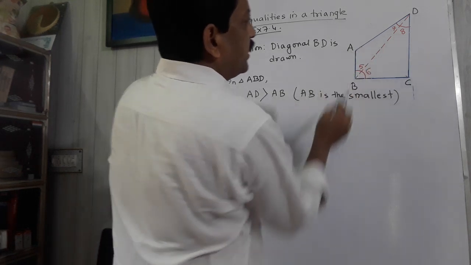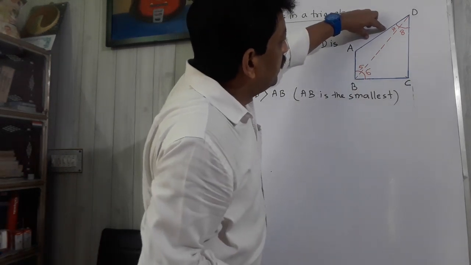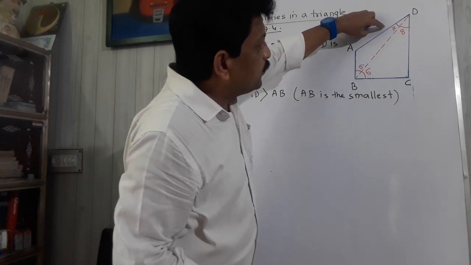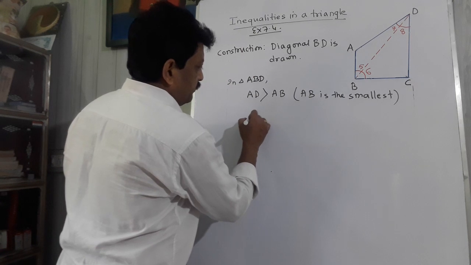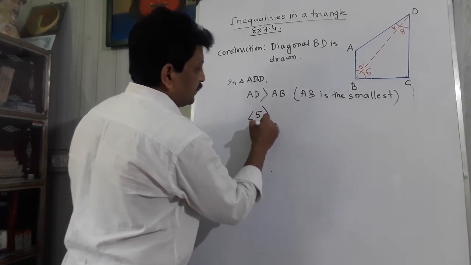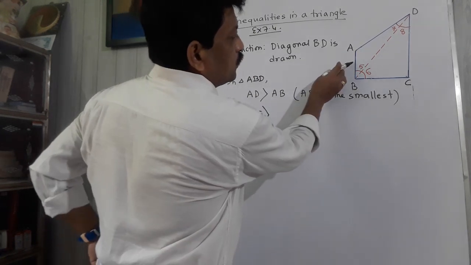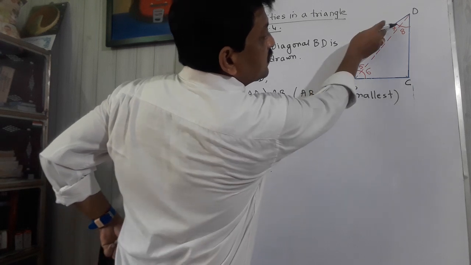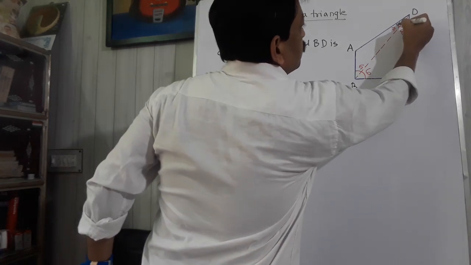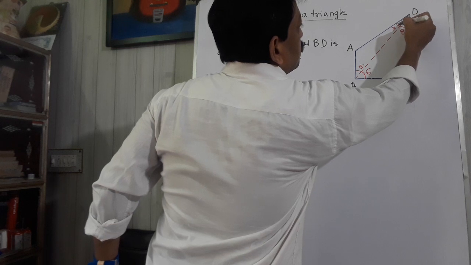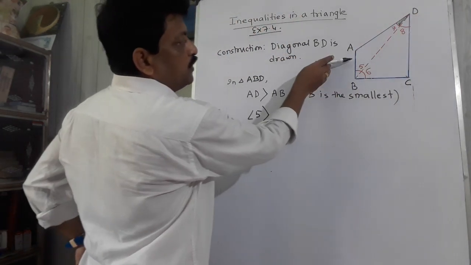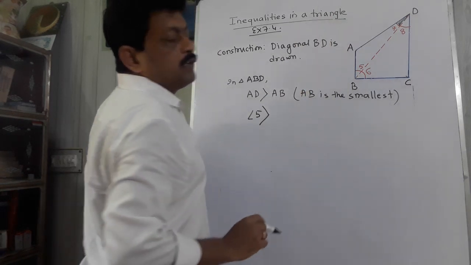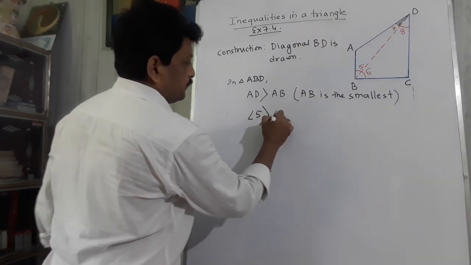Now AD greater means in this triangle, the angle opposite to AD is angle 5. So angle 5 is greater and AB is smaller. So the angle opposite to AB is angle 7. Only this angle, because we have considered triangle ABD only. So AB is smaller. Therefore angle 7 is smaller.